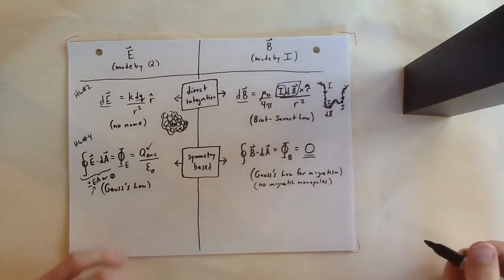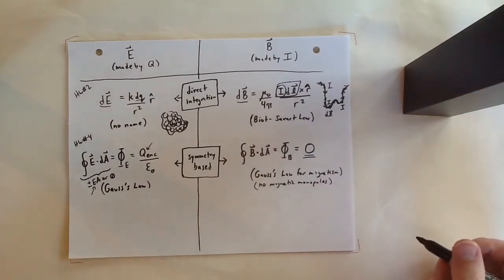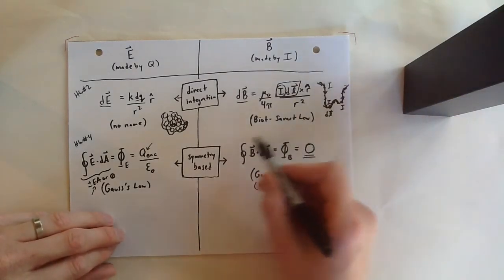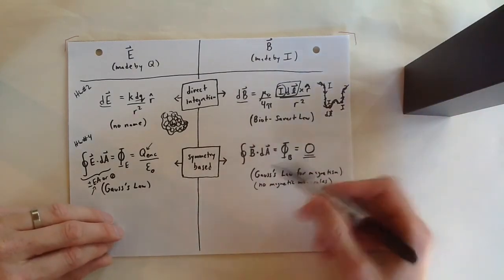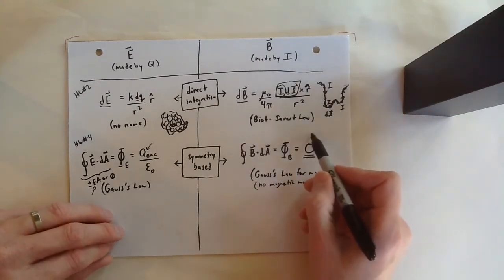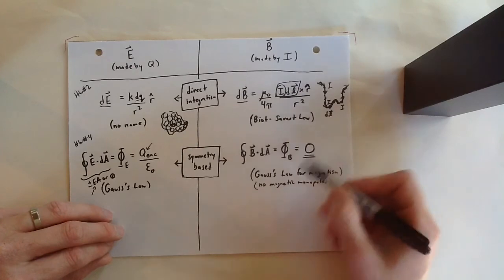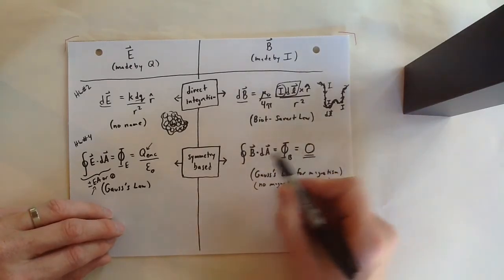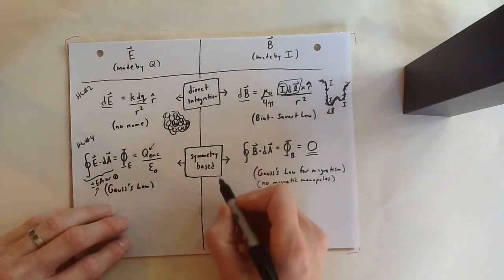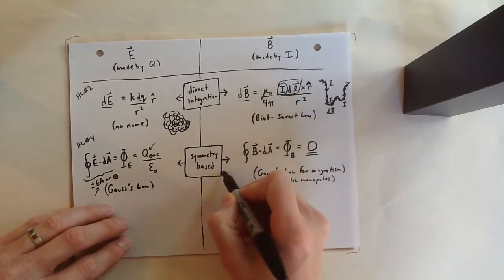And for that reason, it's kind of a useless law for calculation, okay? It doesn't actually functionally do anything for you. This is just a way to state that there are no magnetic monopoles, that magnetic fields always form closed loops. So it's not that the law is wrong, but it's not functionally doing the same thing as Gauss's law does for us over here.